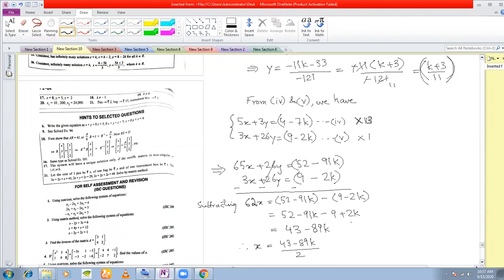Therefore, 62x is equal to 52 minus 91k minus 9 minus 2k. So 52 minus 9 is 43 and this is 89k.